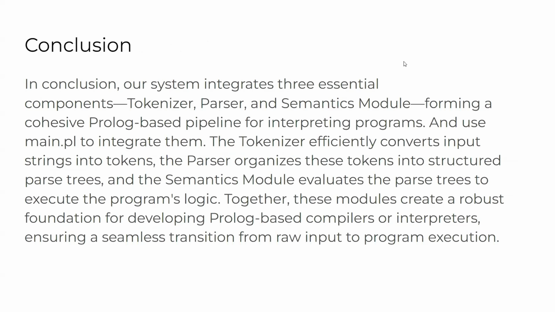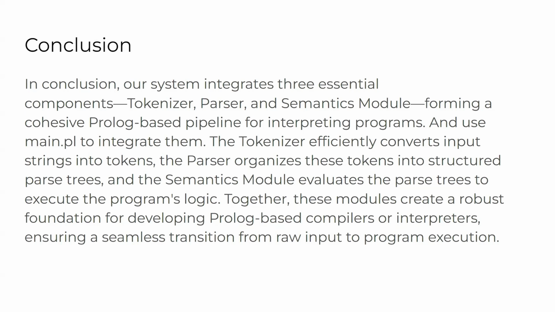Over to you, Albert. Okay, so I will make the conclusion of this part. In conclusion, our system integrates three essential components, which are the tokenizer, parser, and semantics module, forming a cohesive Prolog-based pipeline for interpreting programs, and uses main.prolog to integrate them.